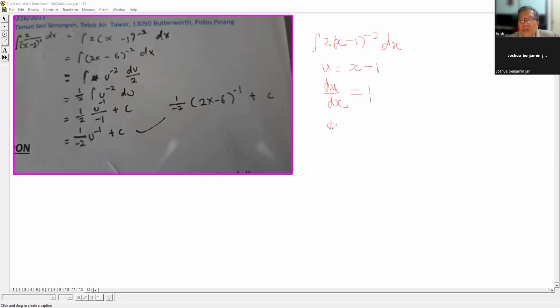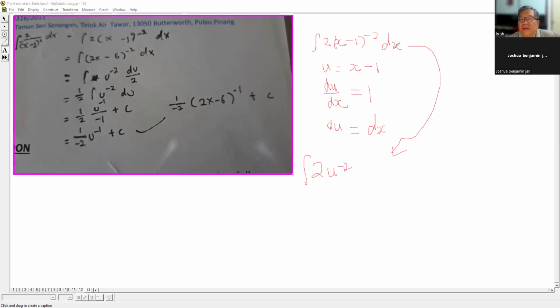So du equals dx. That's all. So from here we put down: this is integrate 2, then this x minus 1 is u. So it becomes u to the power of -2.